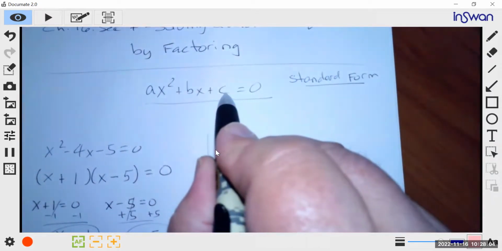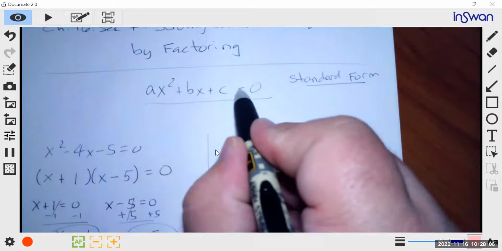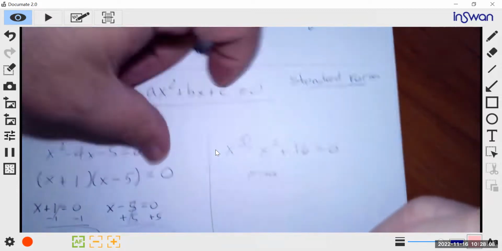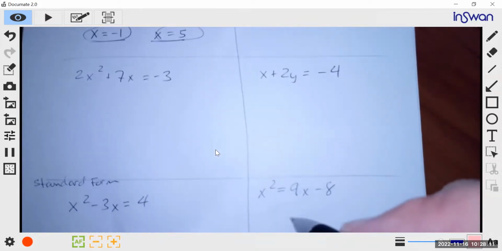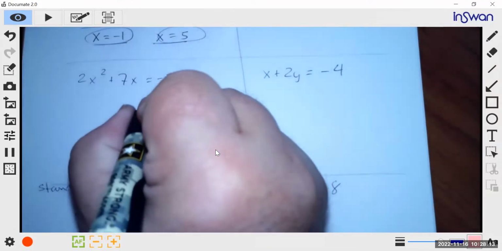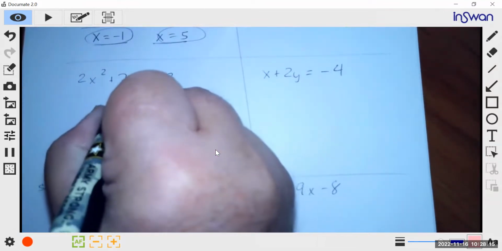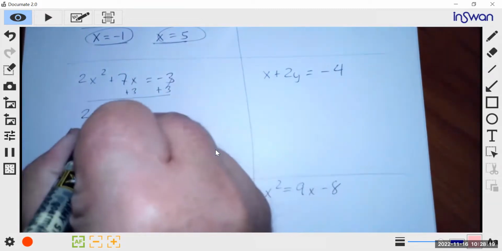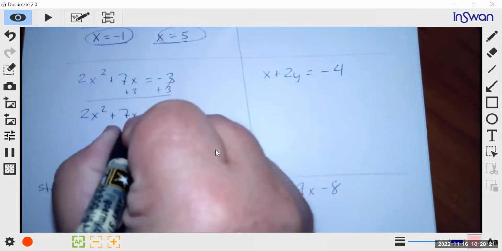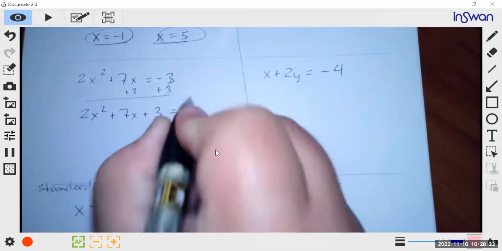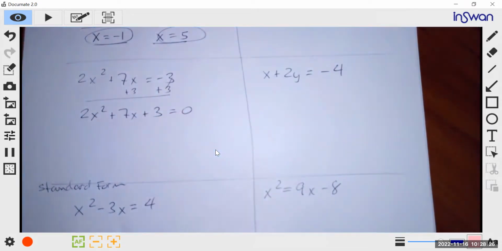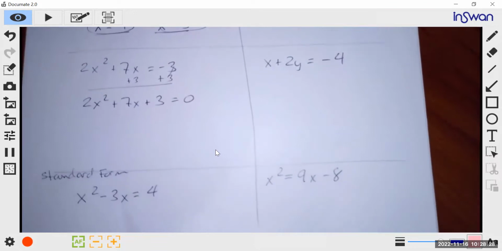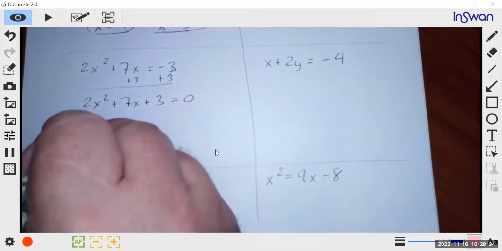That's standard form. It's set equal to 0. Is it set equal to 0? So the first thing we have to do is add 3 to both sides. So 2x squared plus 7x plus 3 equals 0. Now we factor it.